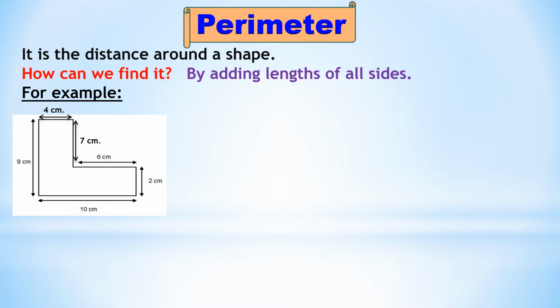And the last side is 4 centimeters. So here we turn back. We came back to the start point. So we started at 9 and moved to 10, 2, 6, 7, and then the last side is 4. So perimeter is 9 plus 10 plus 2 plus 6 plus 7 plus 4.